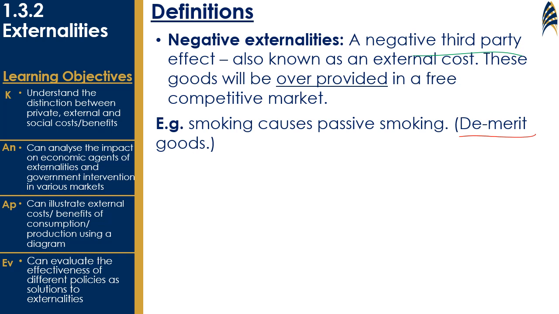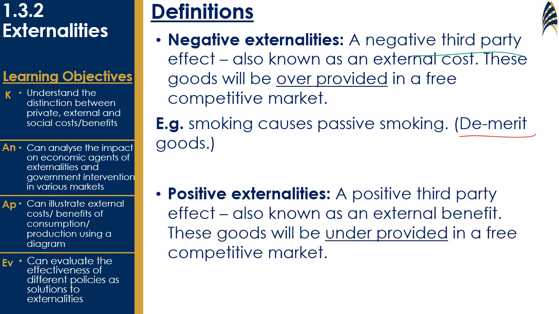So the first party is the company making cigarettes. The second party is the person who bought the cigarettes and smokes them, and the third party is some random person who just breathes in the passive smoke, and they're nothing to do with it, and they get that negative external cost. They're external to the initial transaction.